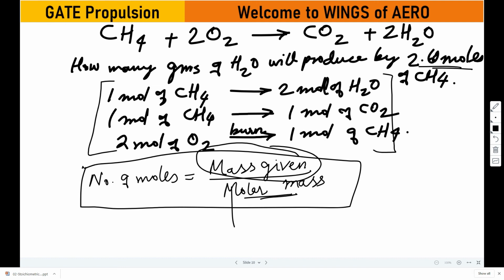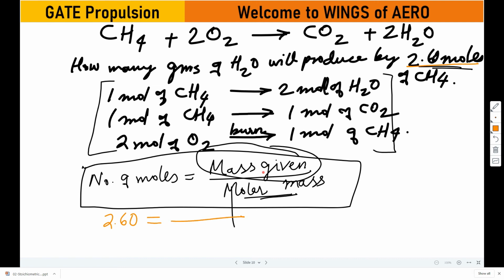Ma'am, can you repeat the last statement? I already understand. Okay, all right. Now this is a formula: number of moles equals mass given divided by the molar mass. In this question they have said 2.60 moles of CH4, so the number of moles is given, 2.60.